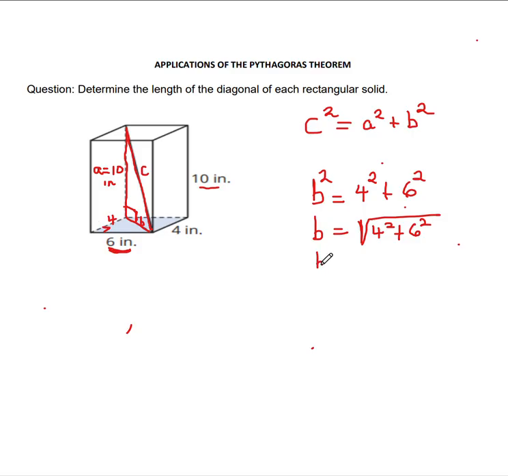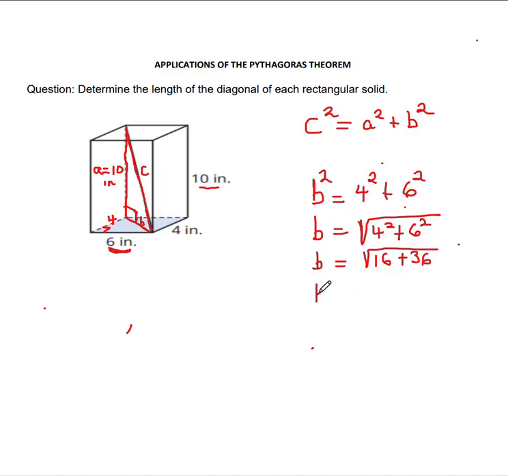So now we can easily find B, which is the base of the triangle I've highlighted in red inside of the rectangular solid. So B is going to be equal to the square root of 4 squared, which is 4 multiplied by 4, which is 16, and 6 squared, which is 6 multiplied by 6, which is 36.